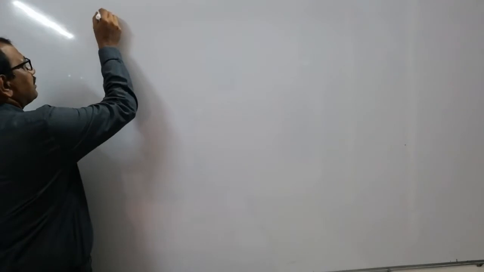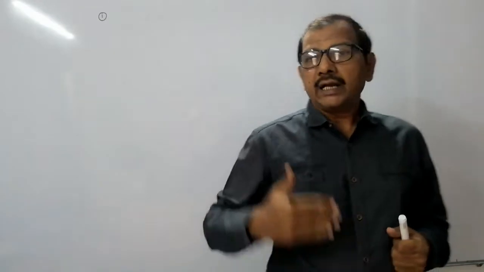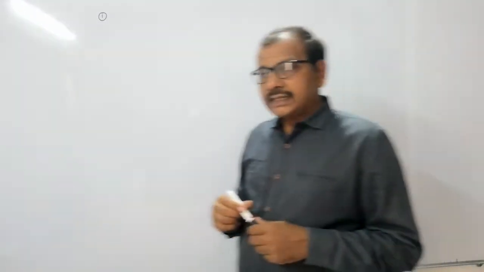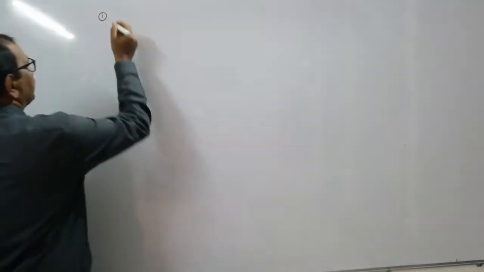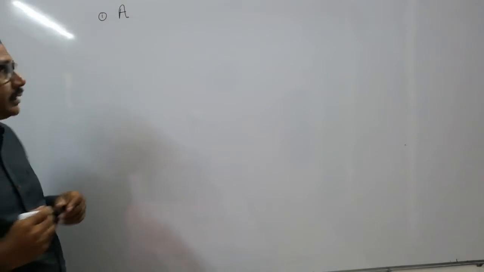Say the first example which I am going to take is that, suppose I say set A is a set of all natural numbers less than 10. In listing method, we will write it like this. A, the name of the set should always be a capital letter.